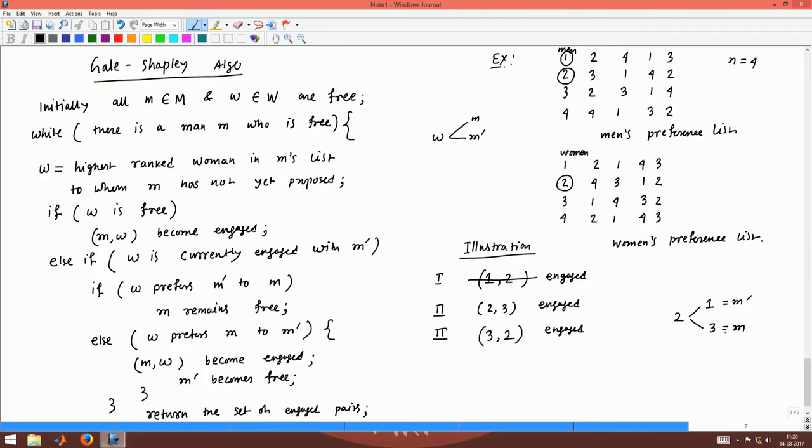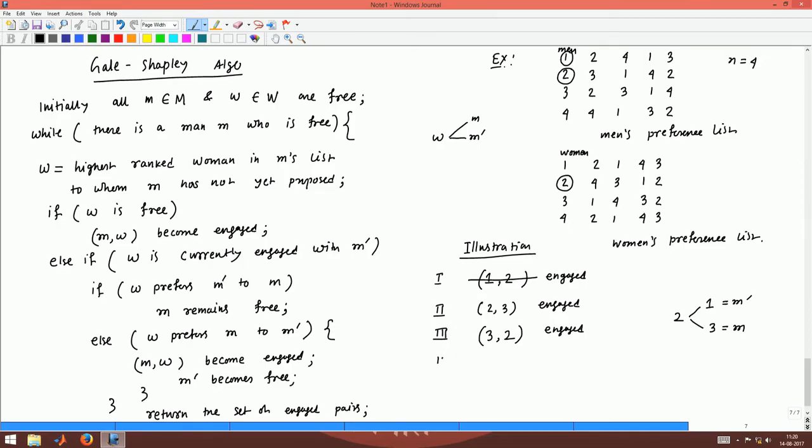So, she looks at her preference list, and she can see that woman 2 prefers 3 to 1 prime. That is why 3 and 2 will become engaged, and it will make 1 free, breaking this engagement at the third iteration.